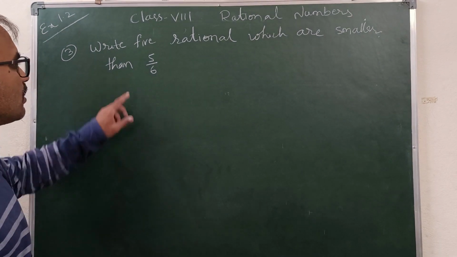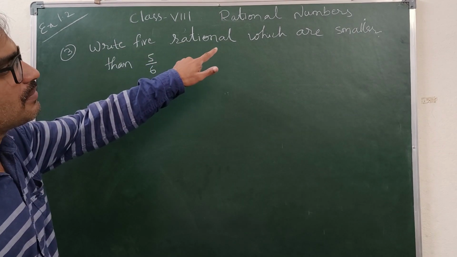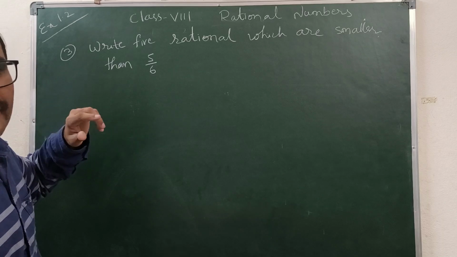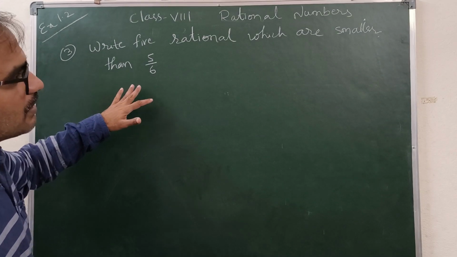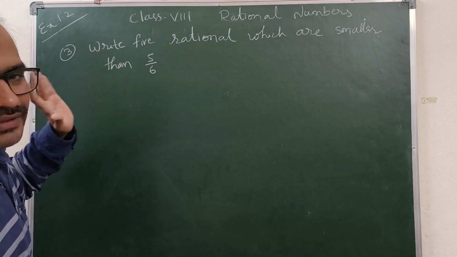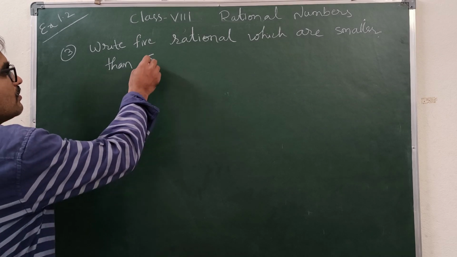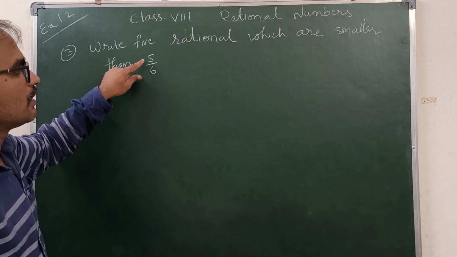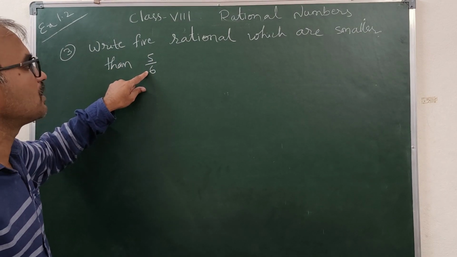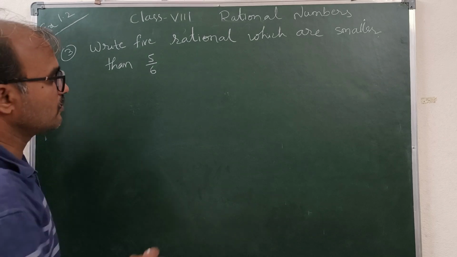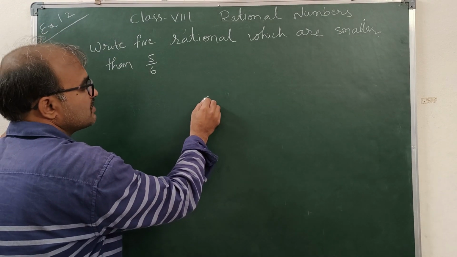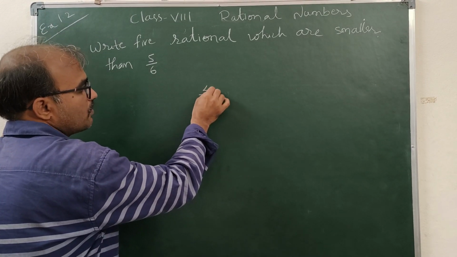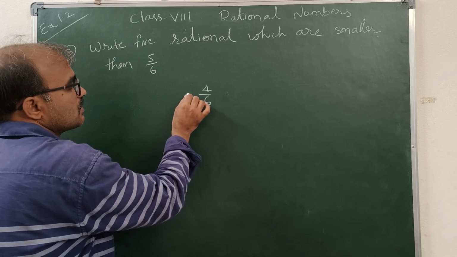Question says, write 5 rational numbers which are smaller than 5 by 6. So I think there won't be any easier question than this. So 5 by 6 means one whole is made into 6 equal parts and 5 parts are taken. So if you make one whole 6 parts and if you take 4 parts, that is less than 5 by 6.